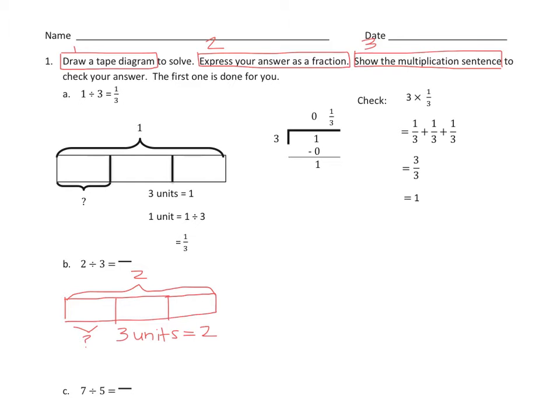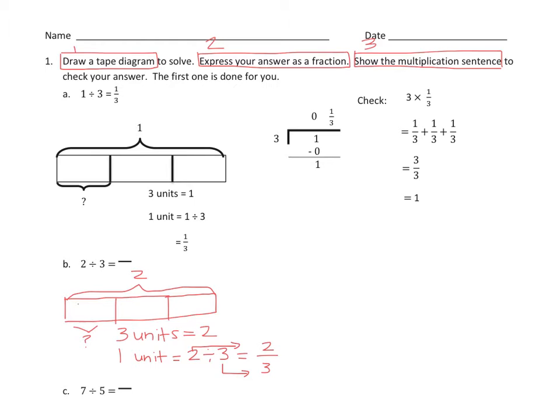And so we're going to say, okay, if we need to figure out what 1 unit is, that means we're taking the number on top of the tape diagram, which is 2, and dividing it into 3 boxes. We know from our last 2 lessons that 2 divided by 3 means, remember, the dividend is the number that goes on top as the fraction numerator, and the divisor is going to be our denominator.